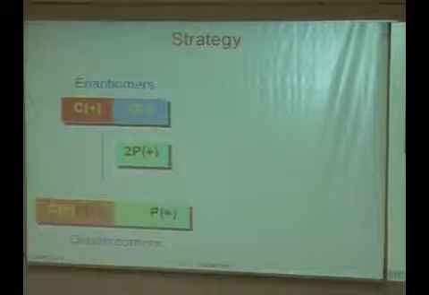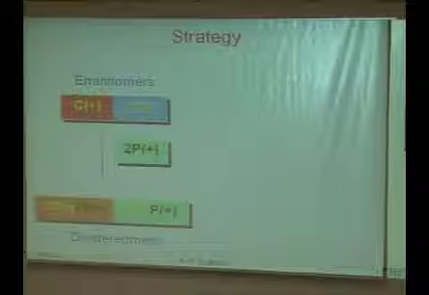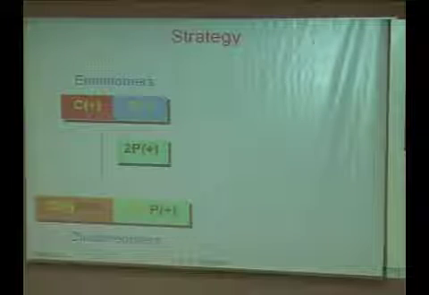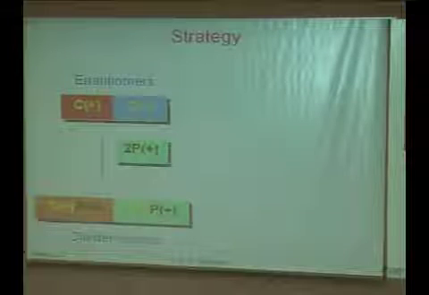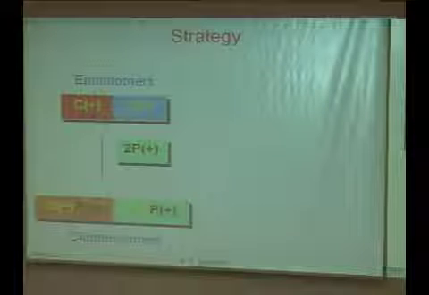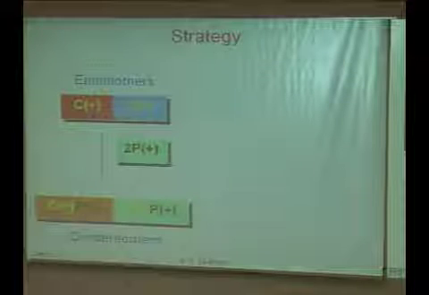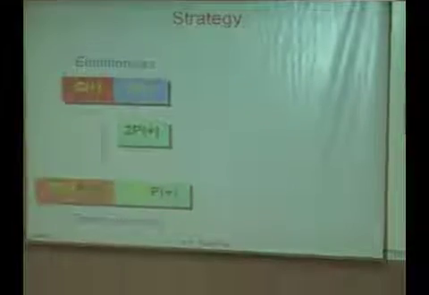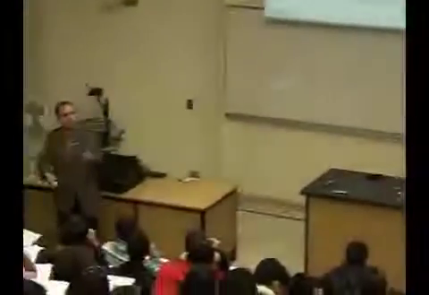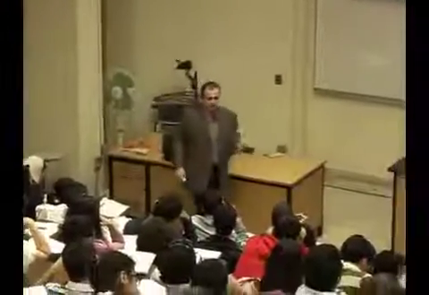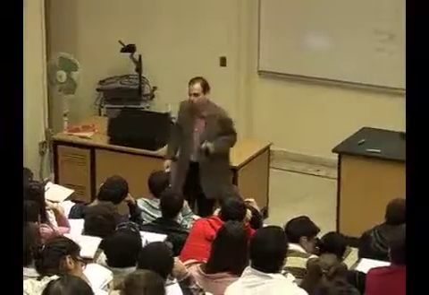You have C plus and C minus in your reaction mixture. You added another material that is optically active. Now that optically active molecule is complexing with both the C plus and the C minus. So in the reaction mixture right now, you have C plus, P plus, and C minus, P plus. So you have a mixture of diastereomers.